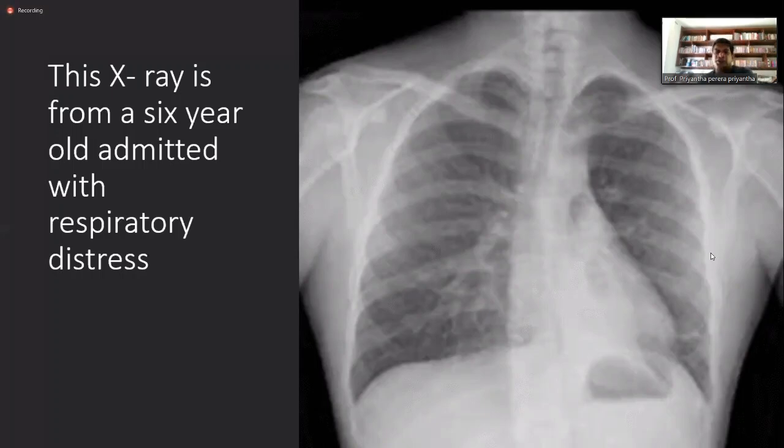What is the most characteristic abnormal change you see in this X-ray? Not really. Don't think too much. It's a straightforward thing.